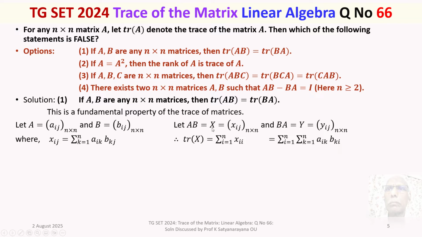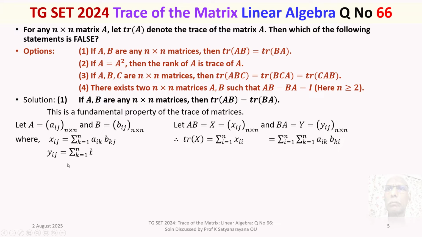Trace of capital X is the sum of the diagonal entries of X, that is sigma i is equal to 1 to n, xii. So sigma i is equal to 1 to n, for xii you write sigma k is equal to 1 to n, aik into bki. So this is what we have written.